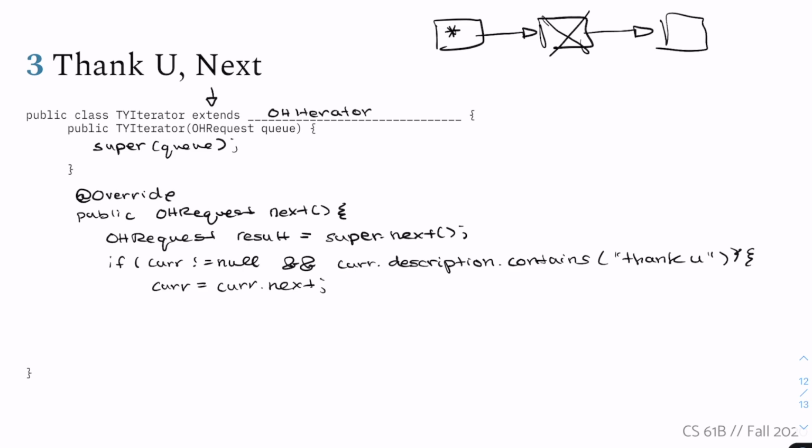And the reason we do cur.description contains instead of result.description contains is that in this problem, the reason we skip over this is because it's a repeat of this. The same effect could be reached by doing result.description contains. And then we just return result.